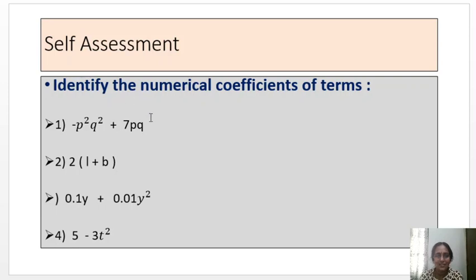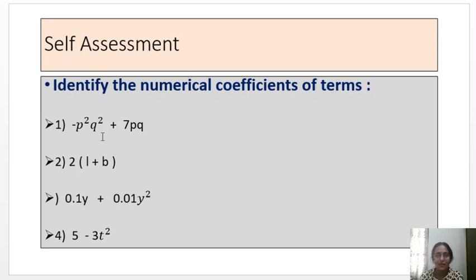Here there is a self-assessment question. Identify the numerical coefficients. Once again, please note that they have asked only for the numerical coefficient of the terms. Just write down the terms. There are two terms in this first expression and you have to find the numerical coefficients.